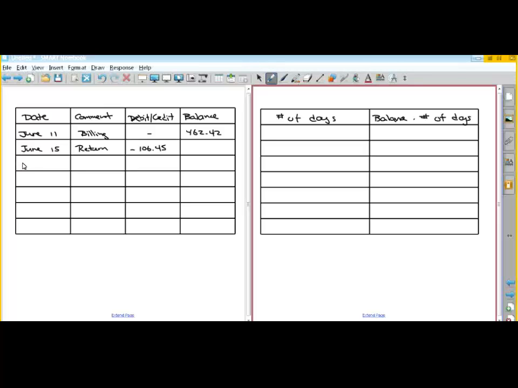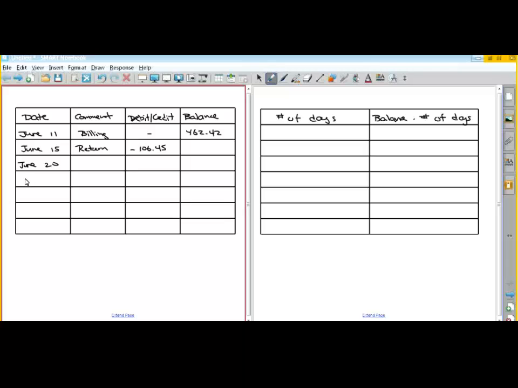So let's just fill in the rest of this. We have June 20th, June 24th, July 3rd, July 6th, and we have July 11th, because that's the full month.